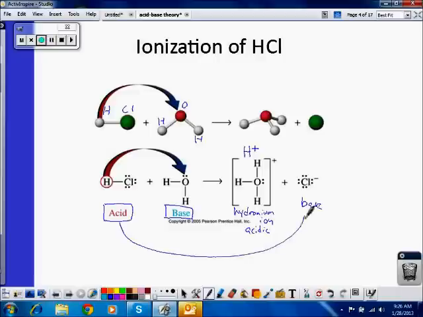HCl and Cl- are a conjugate acid-base pair. HCl is the conjugate acid, Cl- is the conjugate base. The same thing with water: base, and this would be the conjugate acid. So everything is paired up in Brønsted-Lowry, and every reaction is simply a transfer of an H+ from one substance to another, which makes the stoichiometry really nice because it's always 1 to 1.